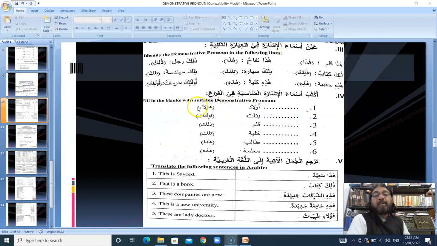Likewise here, fill in the blanks with suitable demonstrative pronouns. As I told you, this question is asked in bit number 12 for 4 marks. Fill in the blanks. This one also I did for you already, and I translated also, so no need to repeat again.